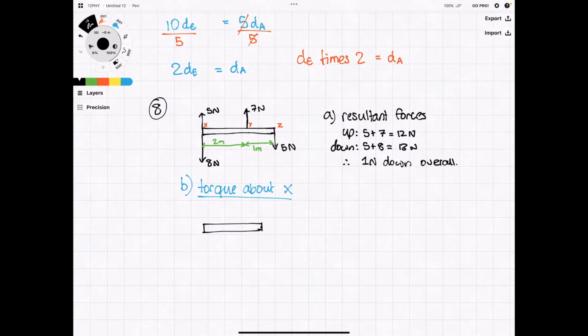And the important thing to realize is because at x over here, if we have a pivot, the 5 Newton and the 8 Newton force do not affect it. All right, they can't create a rotation because they're at the pivot. All right, which is our important thing to notice there. All right, so what we want to do is find the total torque about x.